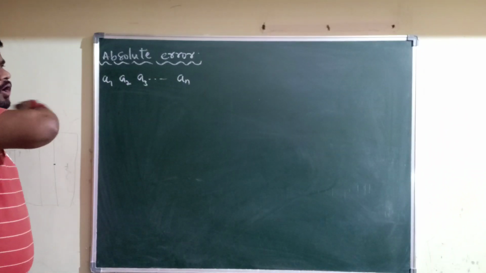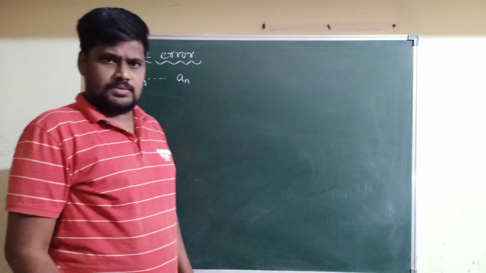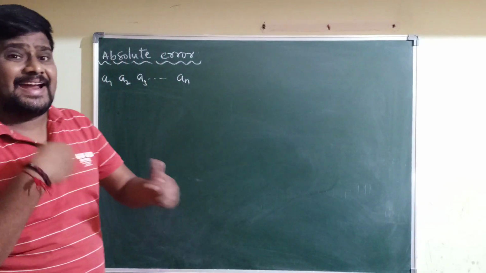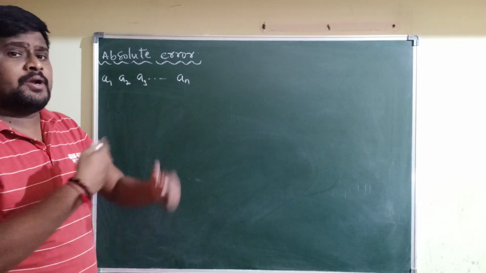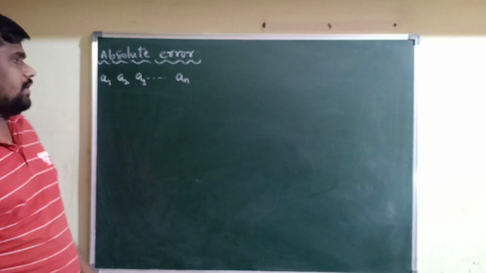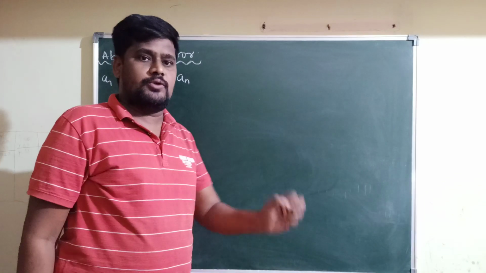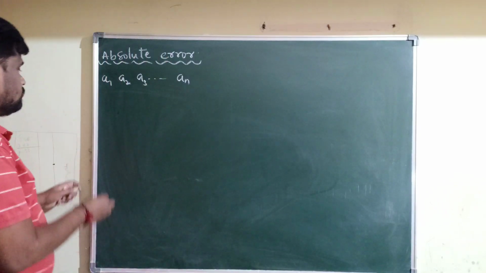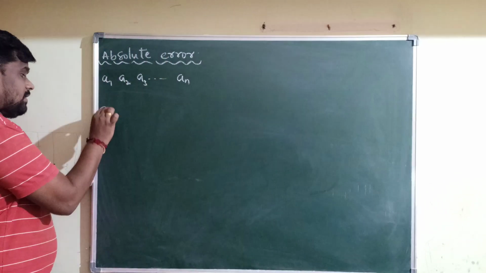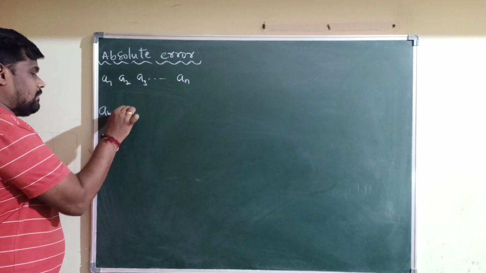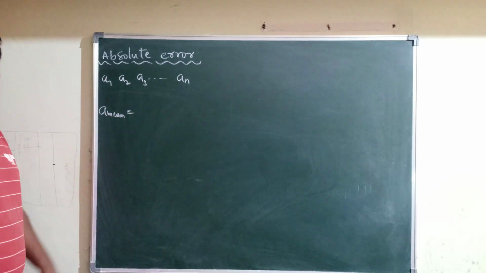Then we have to take the mean of all the observed values. Suppose you observed the measurement of the same physical quantity n times. You have to take the mean of all the observed values in your measurement. How are you taking the mean?